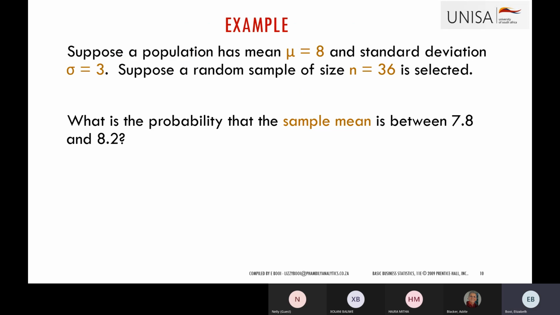How do we do that? Using the same question that we have, what is the probability that the sample mean is between 7.8 and 8.2? Now they're asking us to find the probability of between.